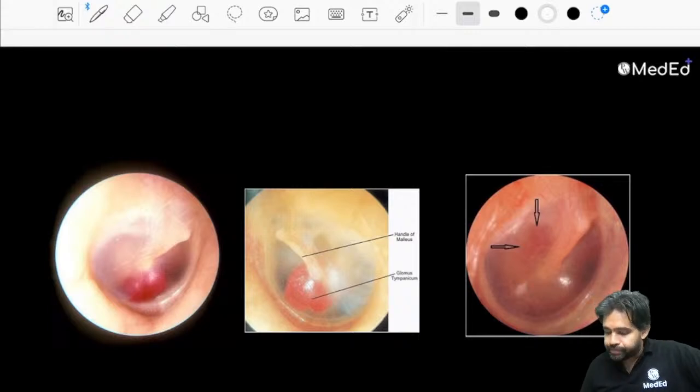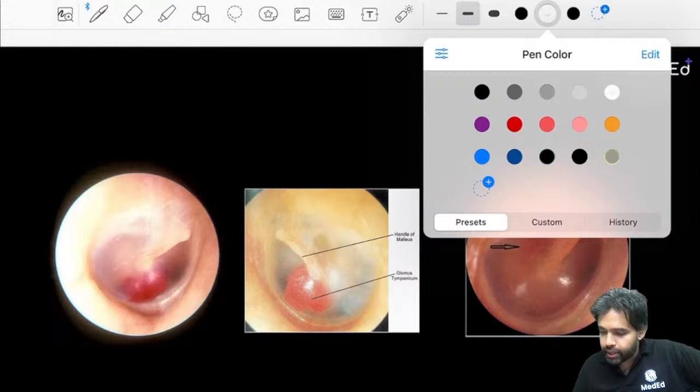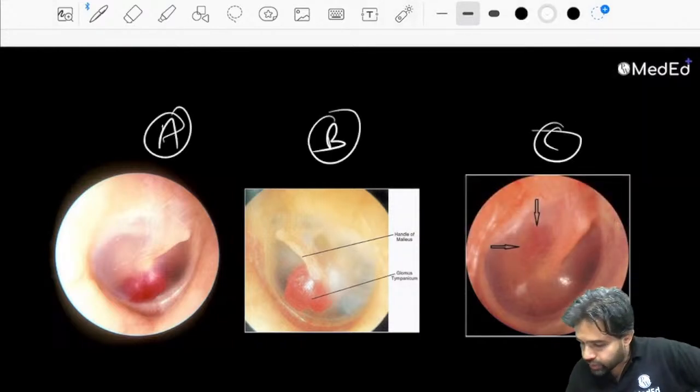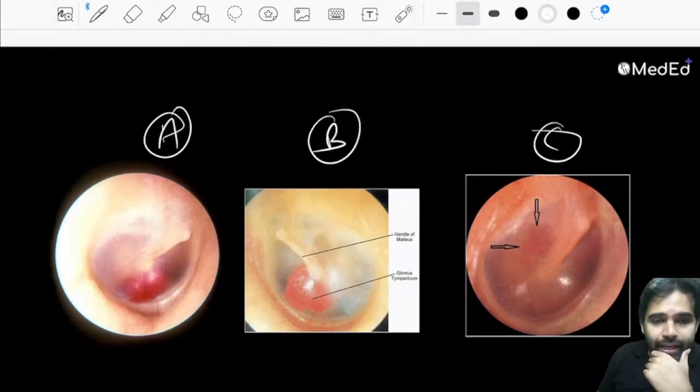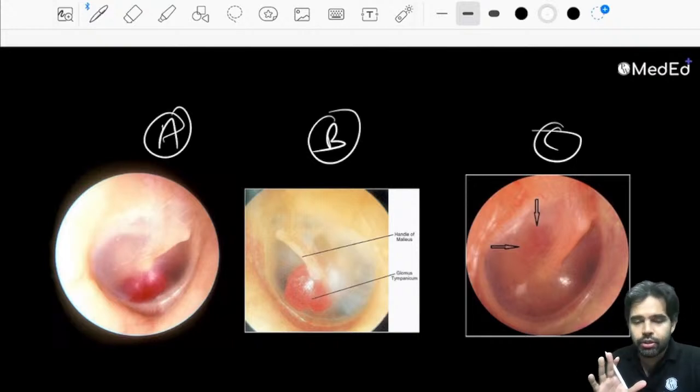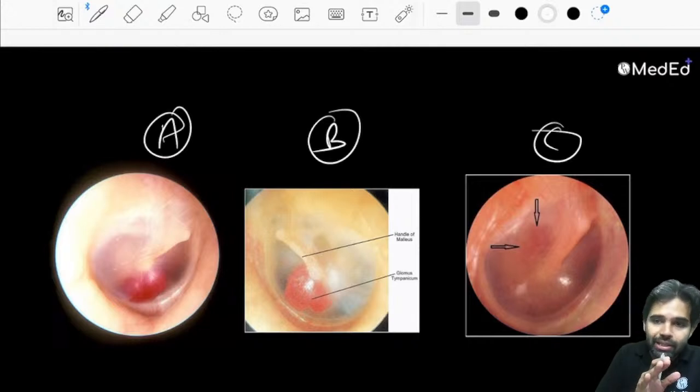All right, now these three are all different, but they look very similar, same but different. So A, B and C. Whenever you look at a suspected glomus tumor, whether it is glomus jugulare or glomus tympanicum, look at its inferior border.